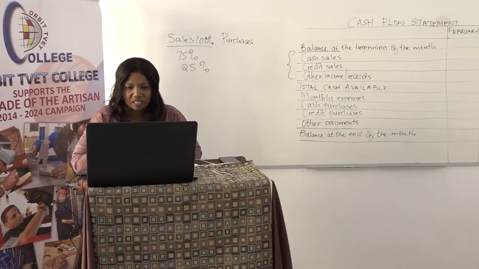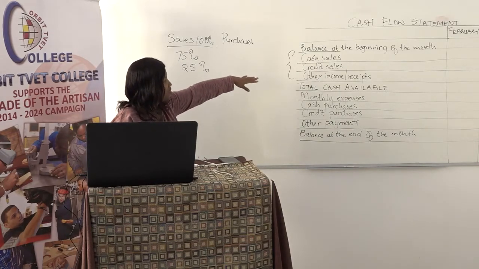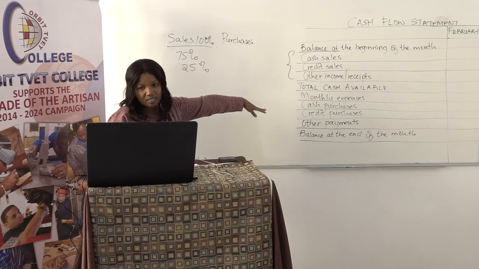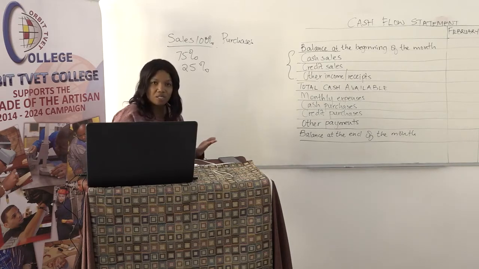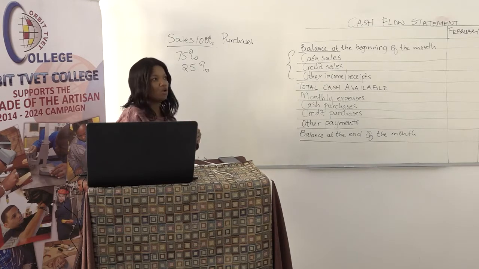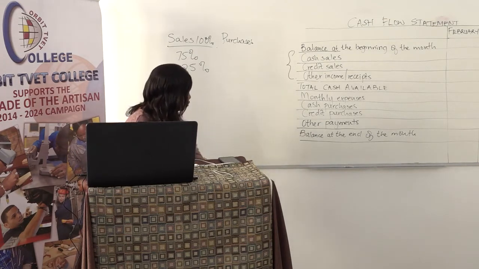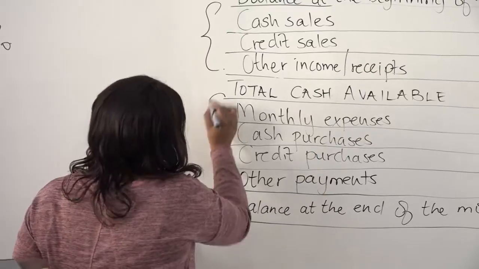In our cash receipts, as I mentioned, we have the cash sales as well as the credit sales. It depends on the credit policy of the business as to how the customers or the debtors pay whatever they have purchased on credit. Then we move to the second part of our cash flow statement, which is payments.